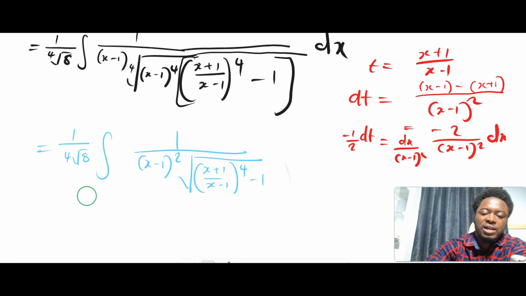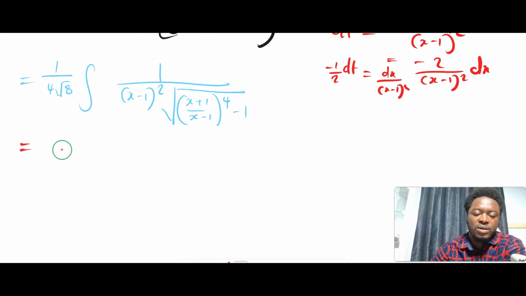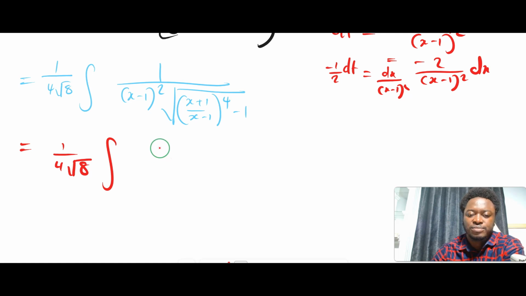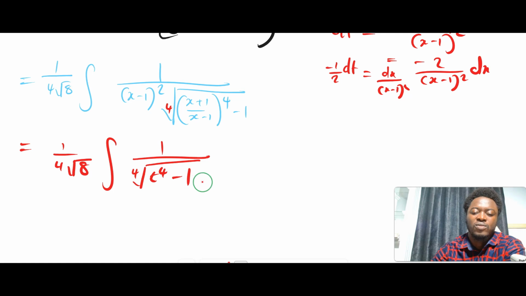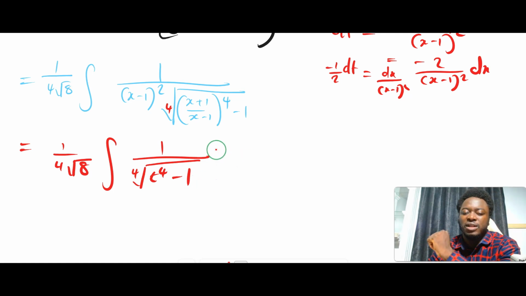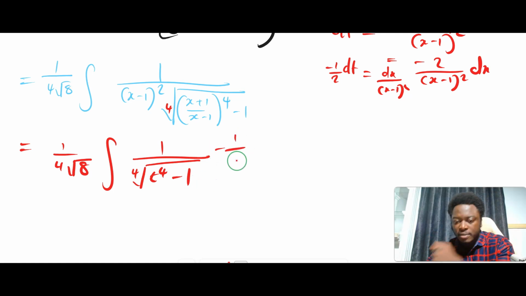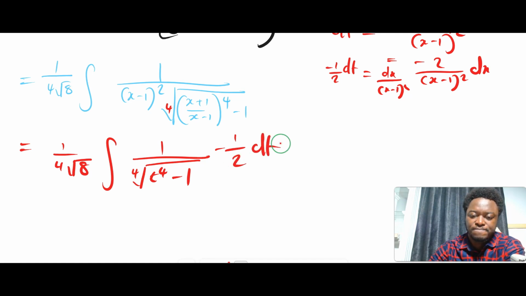So we're going to write this as 1 over the 4th root of 8 times the integral of 1 over the 4th root of (t to the 4 minus 1), times negative 1 over 2 dt.